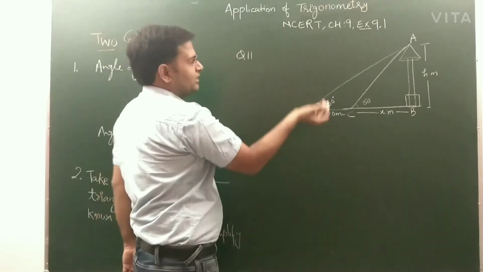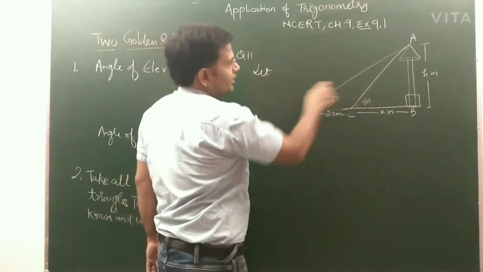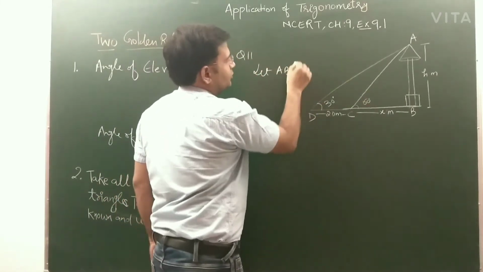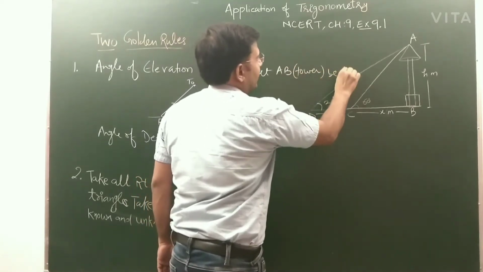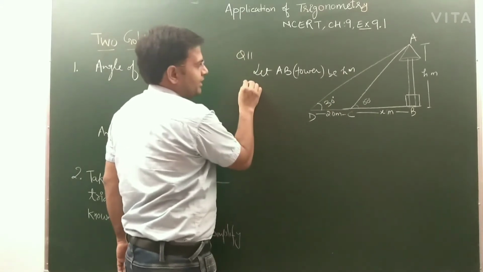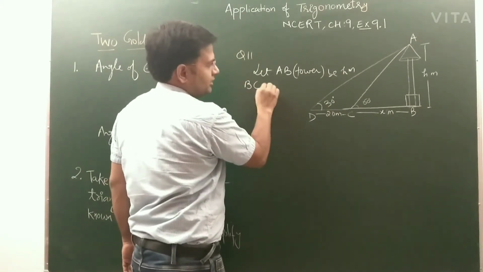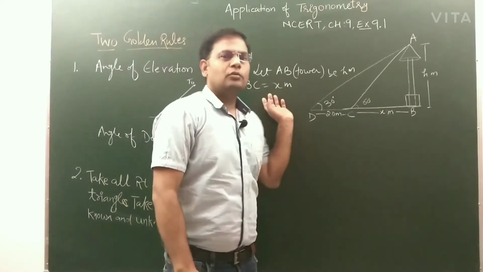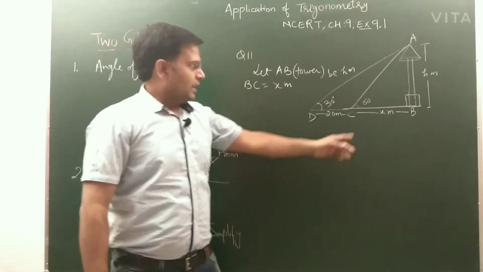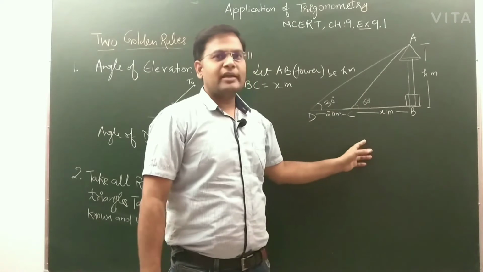So we start with, let AB, which is your tower, be h meters, and let BC be x meters. This is what you have to start with in the beginning. Now you see how many right angle triangles there are.